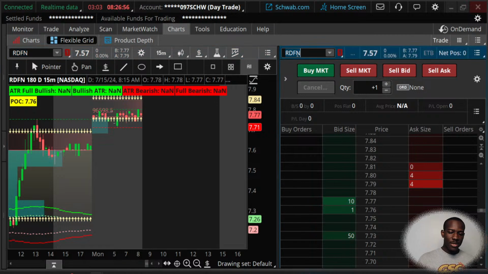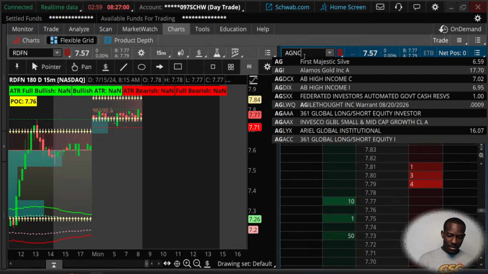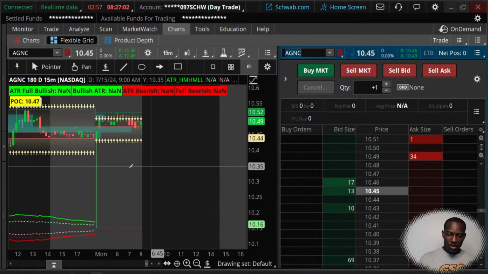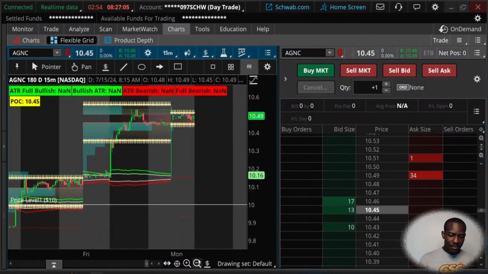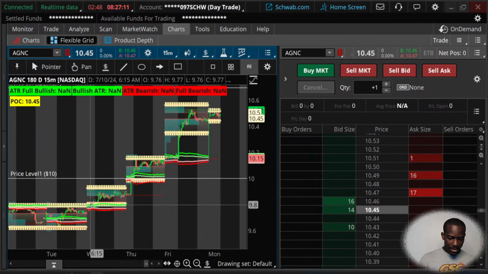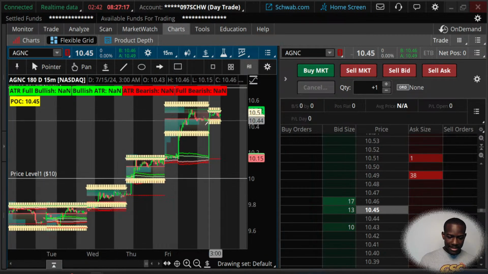Speaking of, last week I actually, man, this REIT went crazy. AGNC for me. So right now it is at 10.59. I bought this back here, 9.75 is where I got in at, and now it's at 10.50. So very nice.